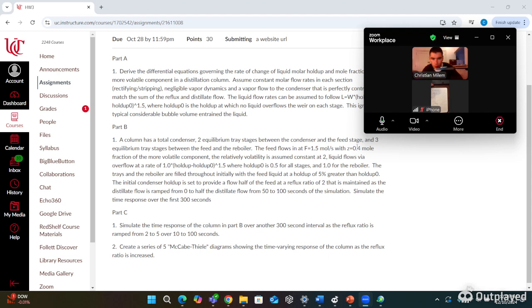Feed flow F1, Z equals 0.4. F equals 1.5. Relative volatility is assumed to be constant at 2, which means that we're assuming that the heat of vaporization for both of them are close enough to where the difference is 0. So that's going to be our alpha term, and that's going to be equal to 2.